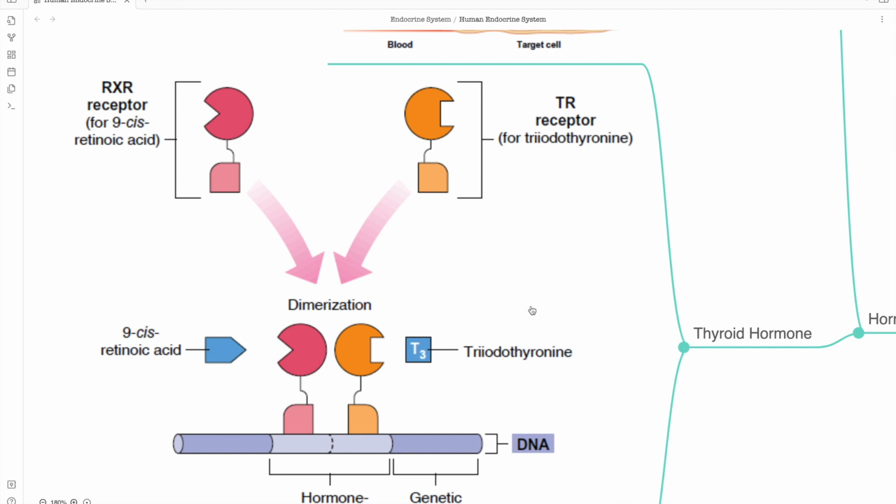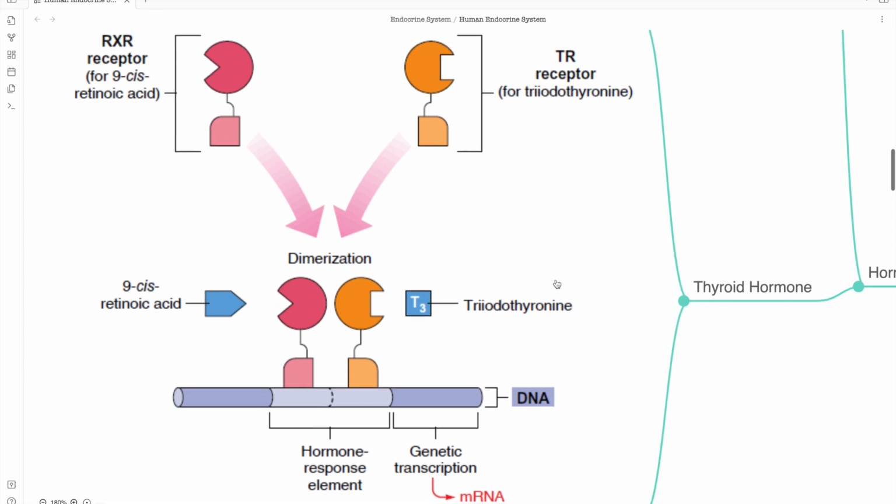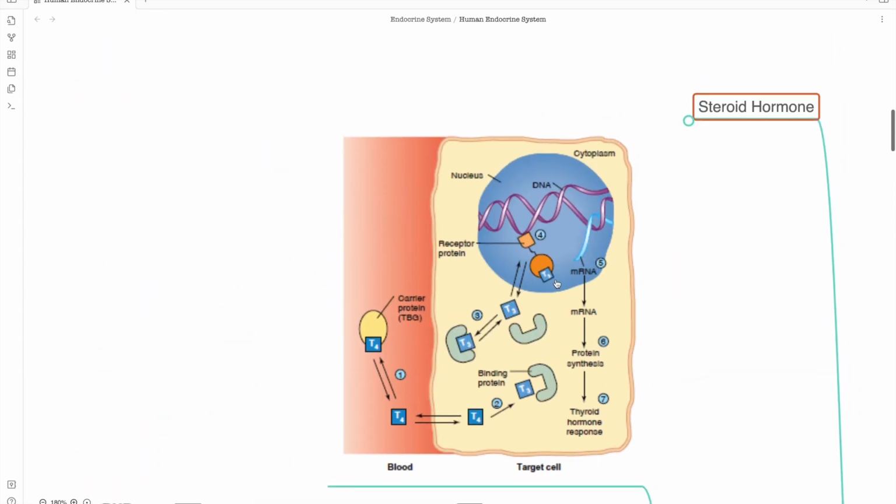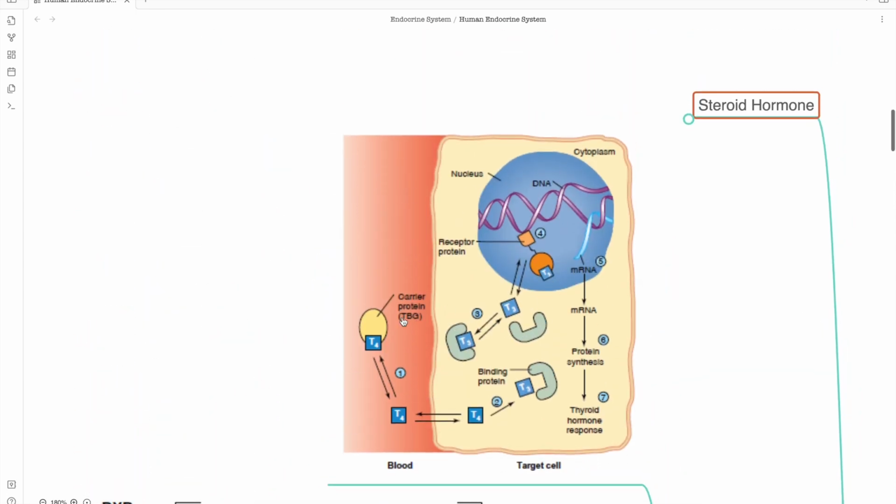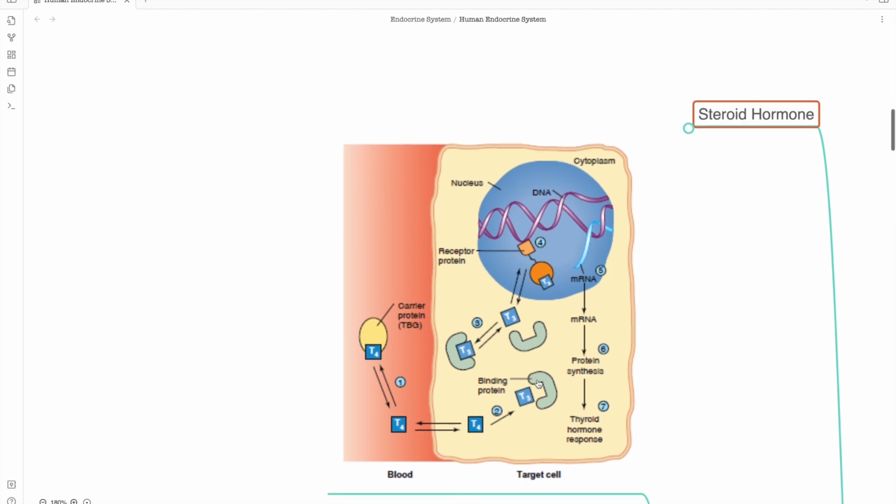Now another very interesting thing is, in this case what we have seen that, see, the receptor is actually present in the cytoplasm and hormone receptor complex is formed in the cytoplasm. This hormone receptor complex enters into the nucleus and then binds with the hormone response element or with the DNA.